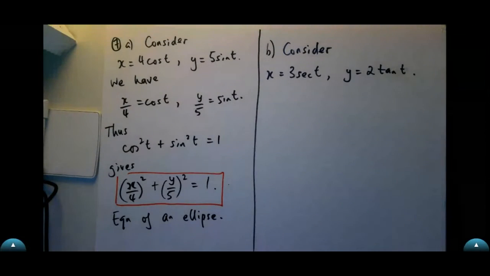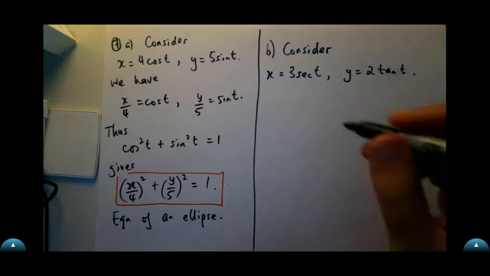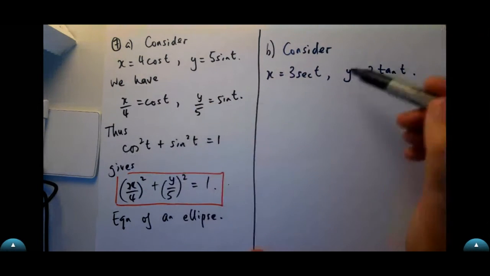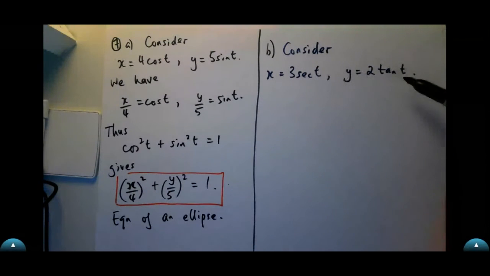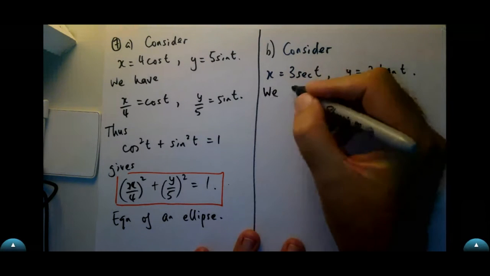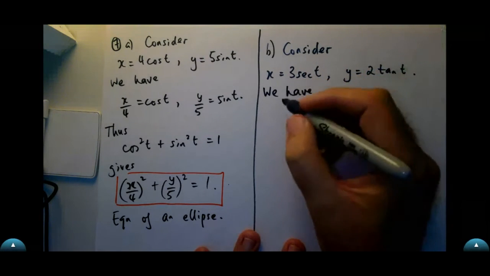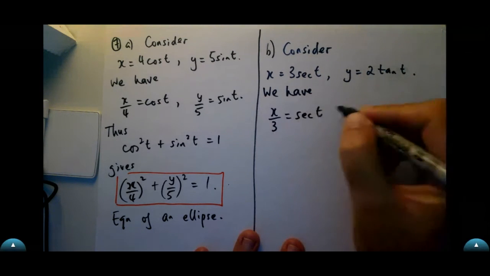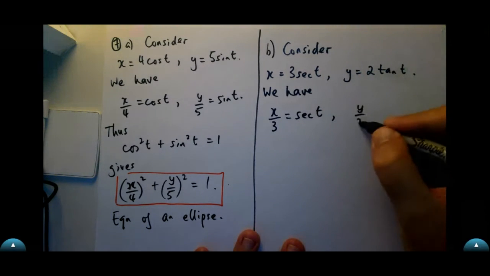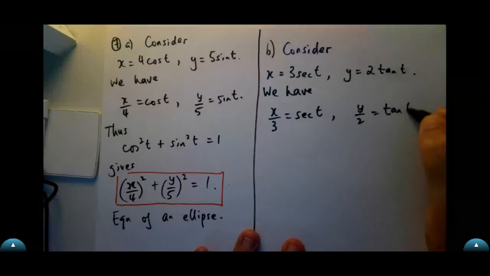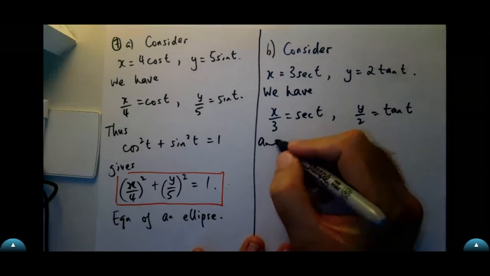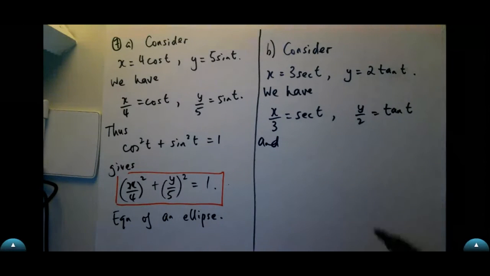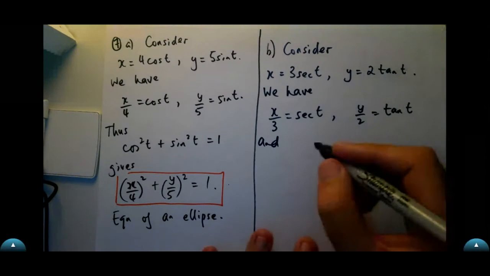Similar to the previous question, we're going to use a trig identity here involving sec squared and tan squared. So we have x on 3 equals sec t, y on 2 equals tan t, and we have tan squared plus 1 equals sec squared.